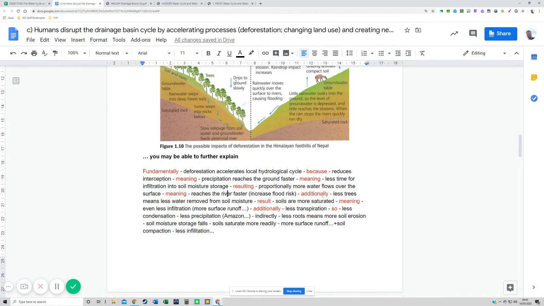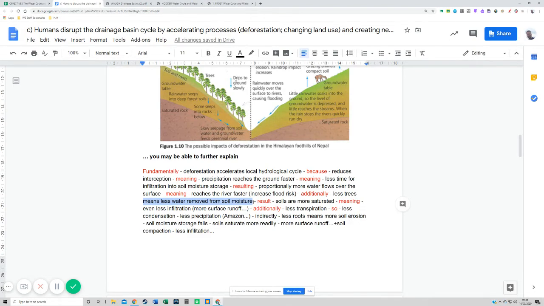Also, additionally to that, with deforestation you have fewer trees, and the trees remove water through their root systems. So if you think about it over time, the soils under trees are likely to be less saturated, and if you remove the trees, the soils are more likely to be saturated or full of water.